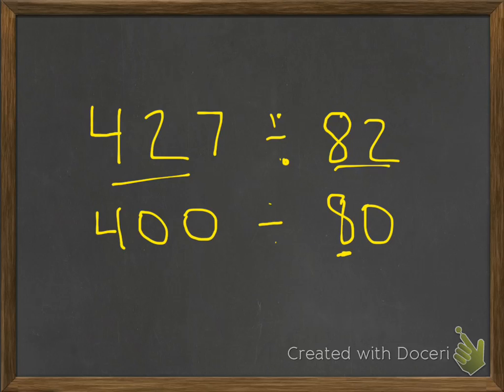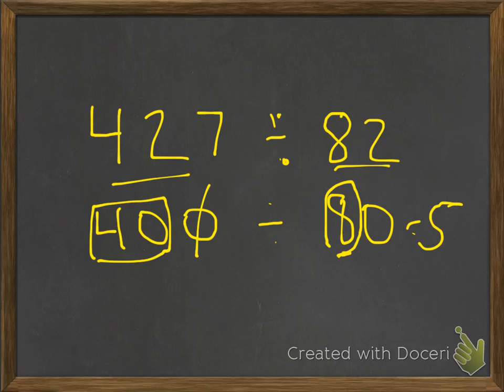If I have 400 and I'm dividing it by 80, I first look at my basic fact of 40 divided by 8. I know 40 divided by 8 gets me 5 as an answer. Now, what you need to do here when you divide is take this 0 and cancel it out with this 0 here. Unlike multiplication, we don't combine the zeros and add them to the answer.